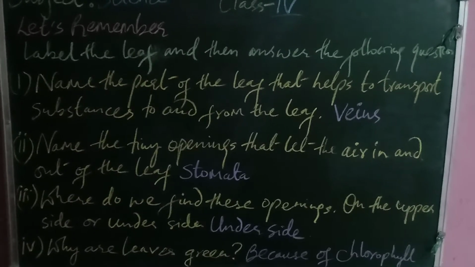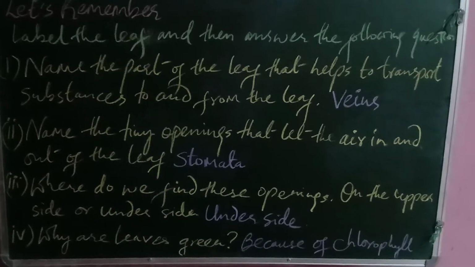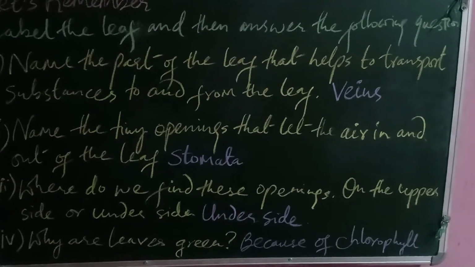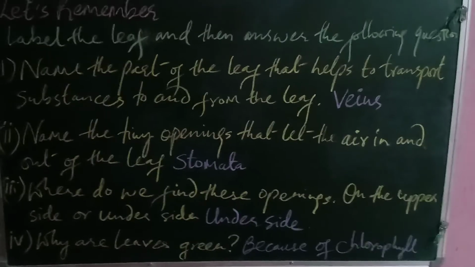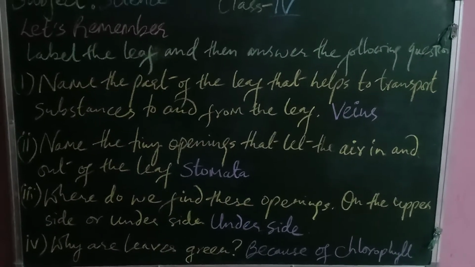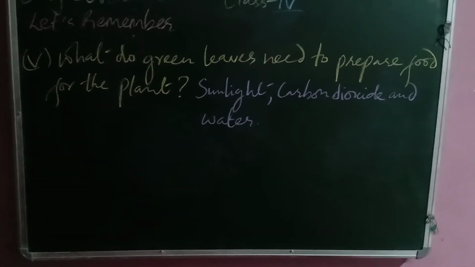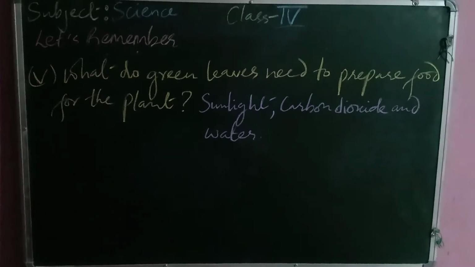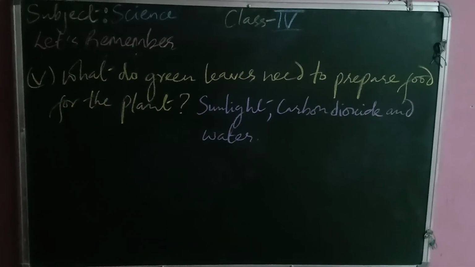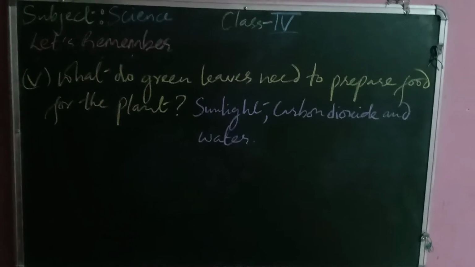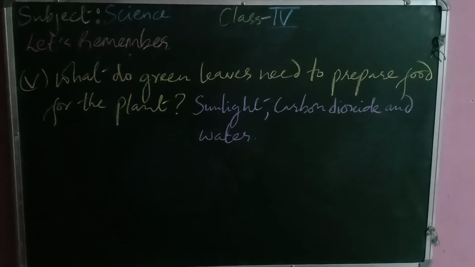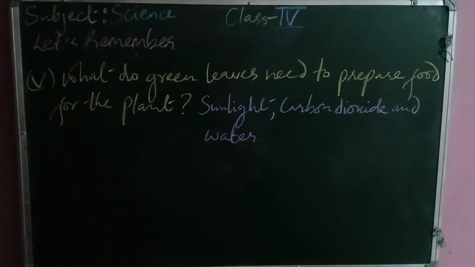We find these openings on the underside. And question number 4, why are leaves green? So you have to write because of chlorophyll. Then we have question number 5, what do green leaves need to prepare food for the plant? They need sunlight, carbon dioxide and water.